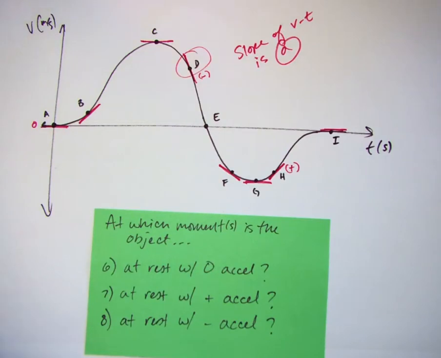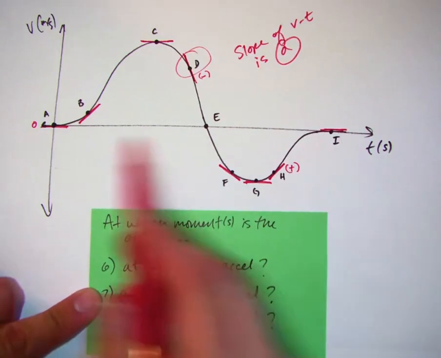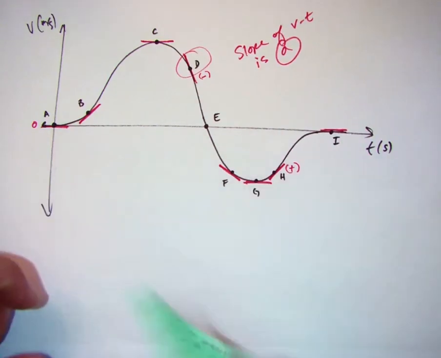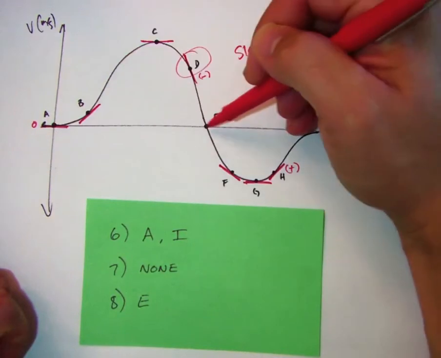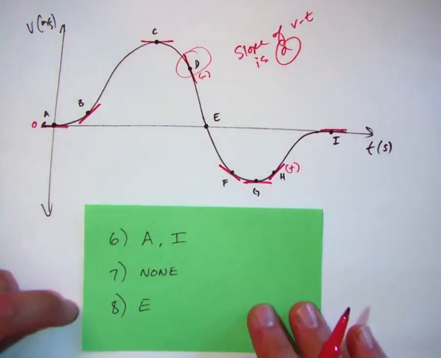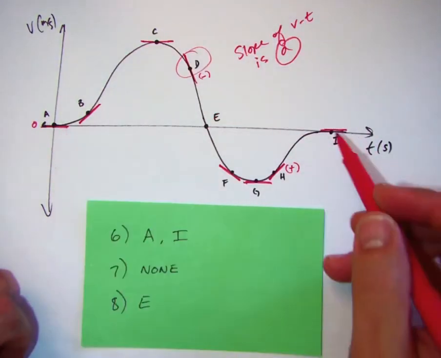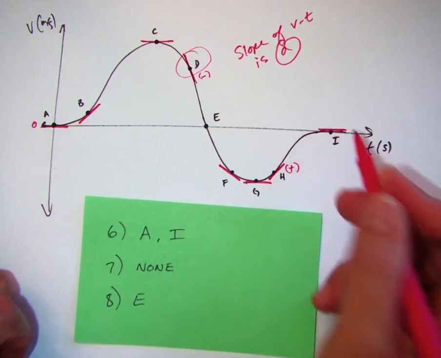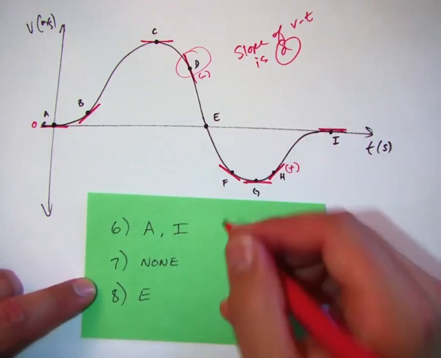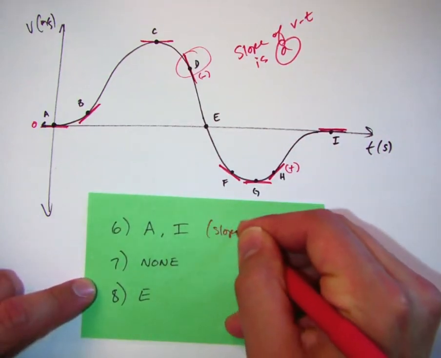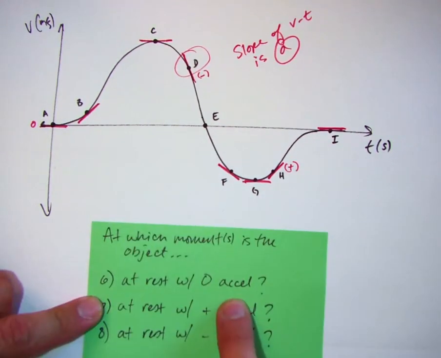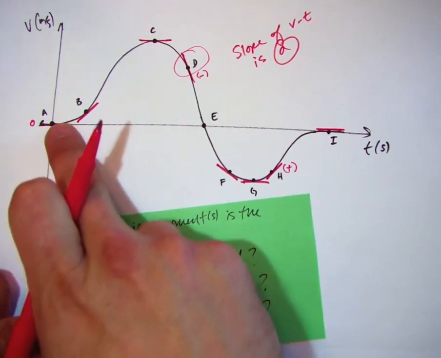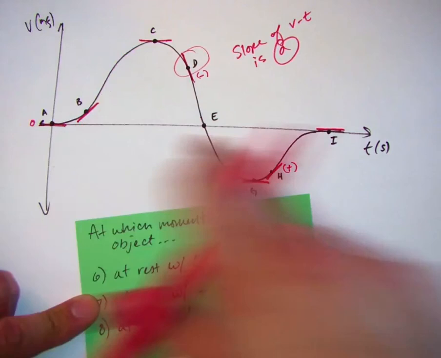Okay, first thing is to be at rest, I must be at v equals 0. So my potential at rest spots are A, E, and I. So A and I have slopes of their tangent lines of 0. Therefore, their acceleration is 0, and they're at rest because they're located at a spot v equals 0 at the 0 line.